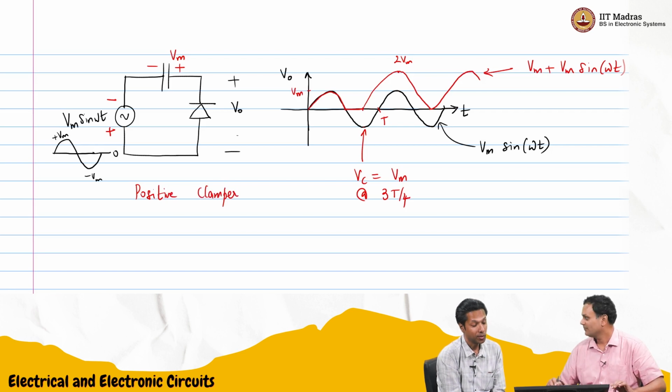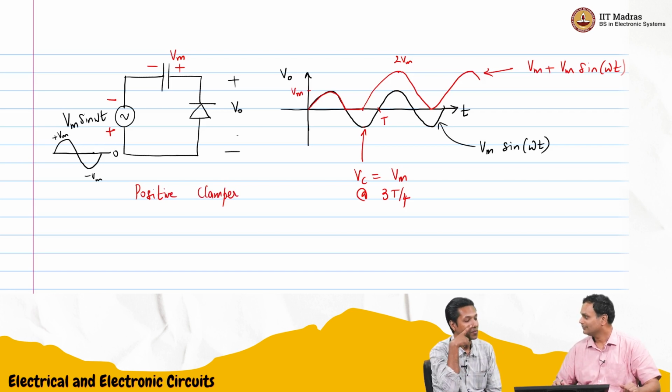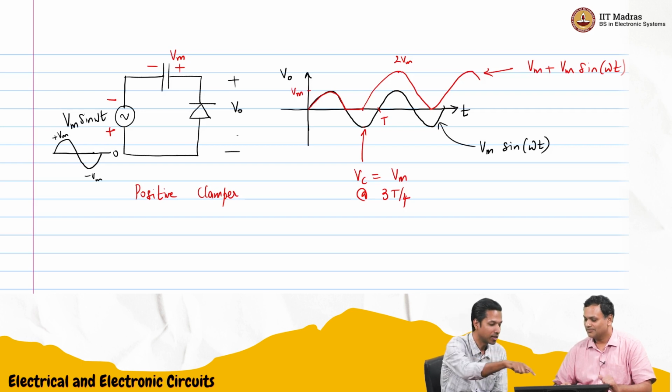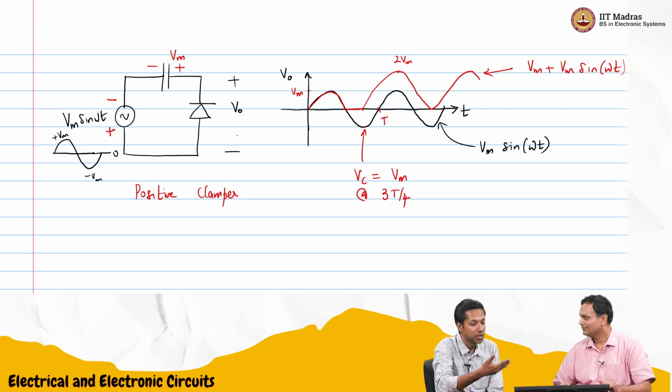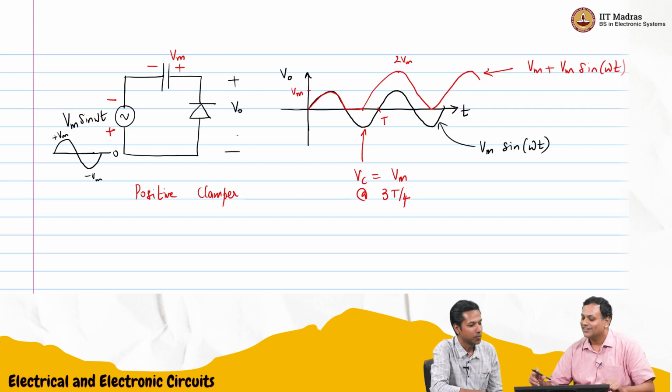Now, in case I connect a load across the diode, some discharge of the capacitor will happen. That means whenever it comes to 0, or it may come to 0 before that point, the curve will shift slightly.